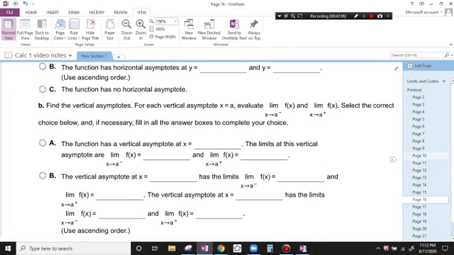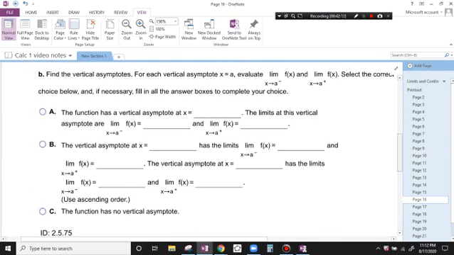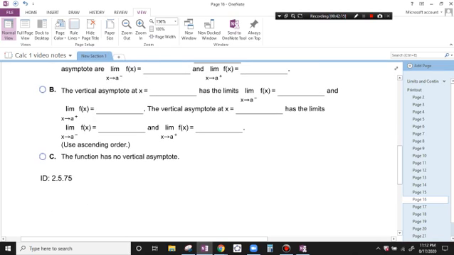Vertical asymptotes means you need to set the denominator equal to 0 and solve. So again, we're going to have x squared minus 4 over x times x minus 2. The first thing we got to do is fully factor. And when we do that, we see that we're going to cancel.